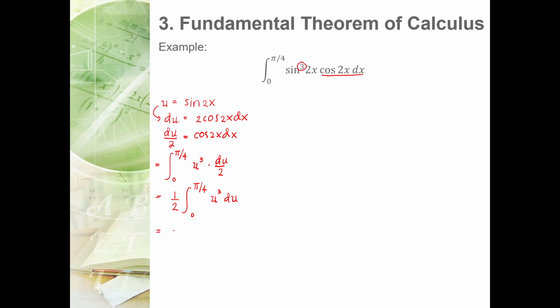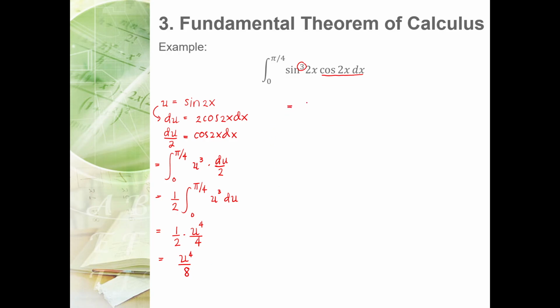So we now have 1/2 times u to the power of 4 all over 4. Then you have u to the power of 4 over 8. Then bring back the value of the u parameter.